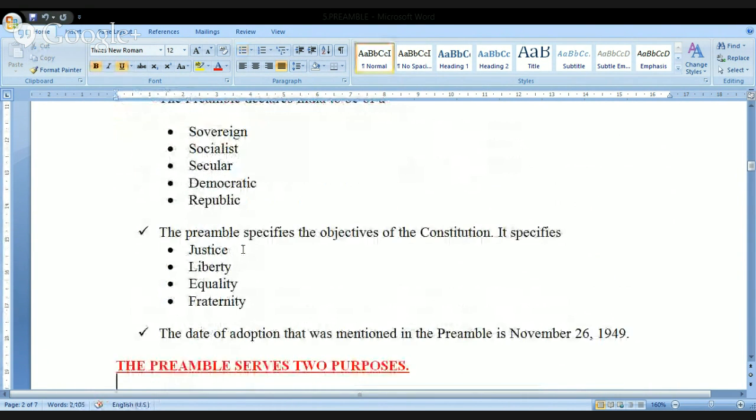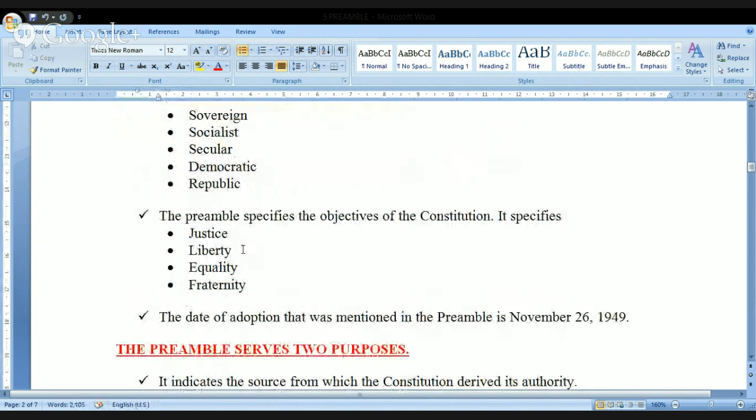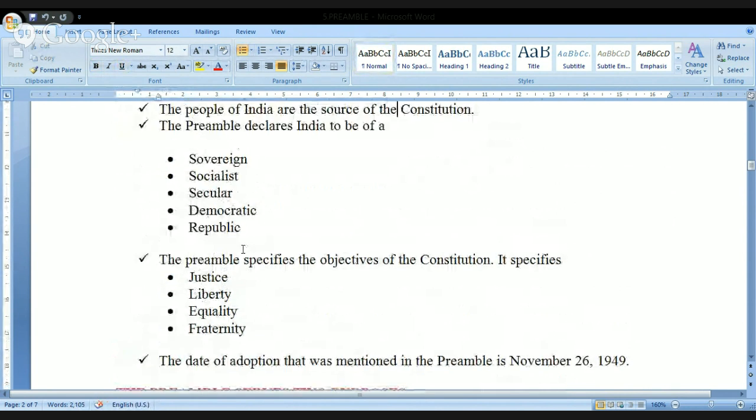The preamble also specifies the objectives of the Constitution. Kindly remember this: the preamble declares India to be of these five types, and the same preamble also gives the objectives of the Constitution: justice, liberty, equality, and fraternity.